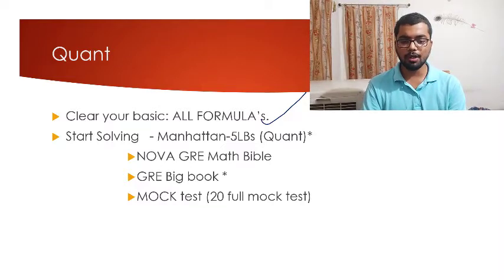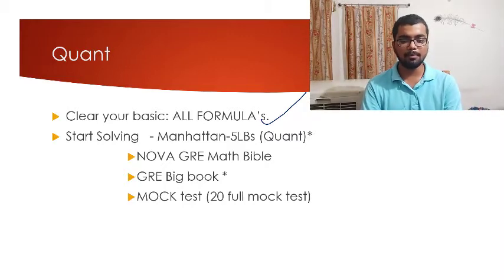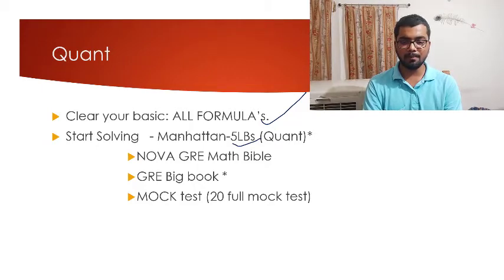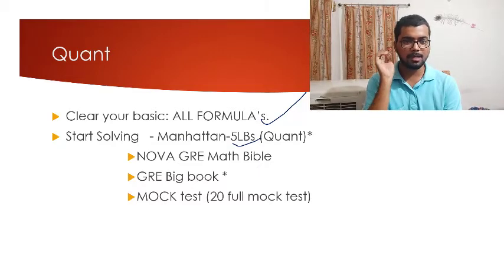After going through all the formulas, the next step is to start solving Manhattan 5LB. The Manhattan 5LB book is very universal; every student planning to give the GRE solves it. I mean the quantitative section, not the verbal section, because I think Manhattan verbal does not give the same experience as the verbal of the real GRE.